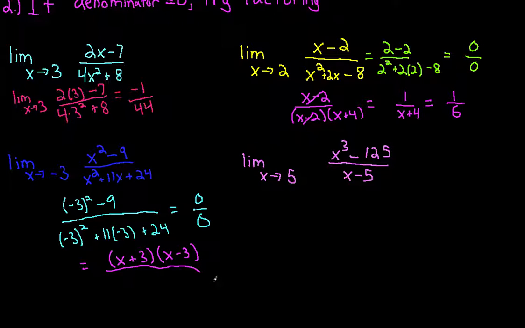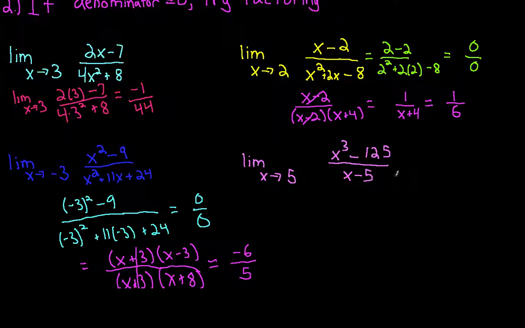Two numbers that multiply to 24 but add to 11 would be x plus 3, as well as x plus 8. What we can see here is our x plus 3 terms can cross off, and then if I plug in negative 3 into this reduced form, I'm just going to find that I have negative 6 divided by negative 3 plus 8, or 5, and that would be my answer, negative 6 over 5.